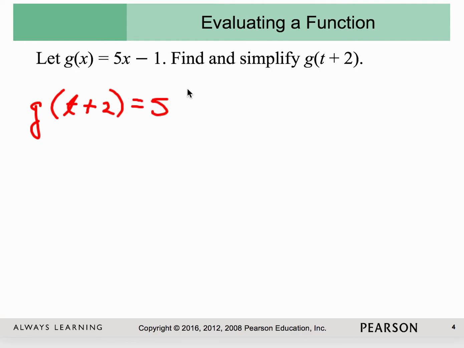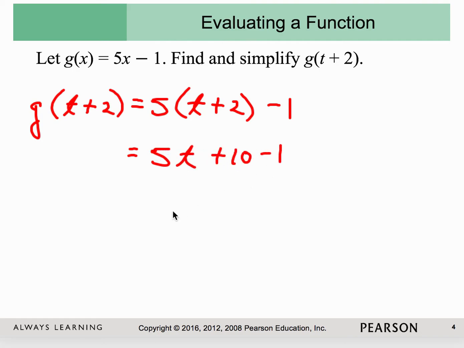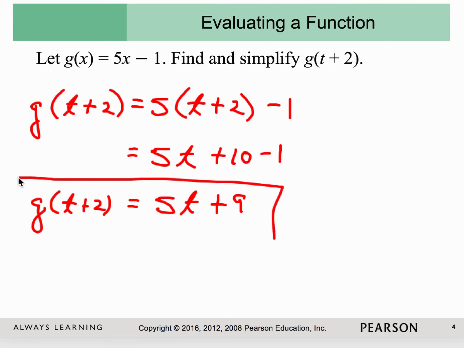So 5 times t plus 2, minus 1. Then simplify. Let's distribute that 5: 5t plus 10 minus 1. Now I can combine these like terms. So g of t plus 2 is 5t plus 9.